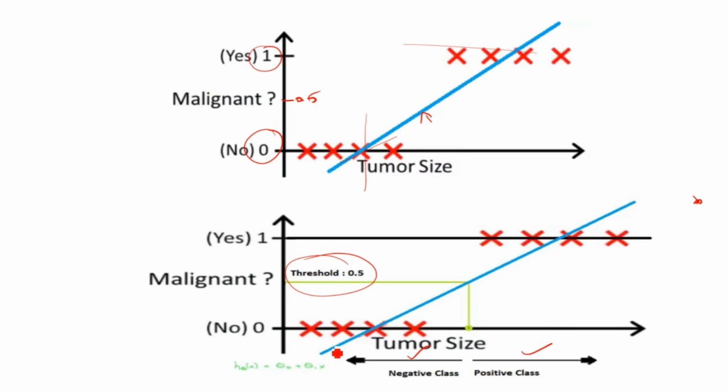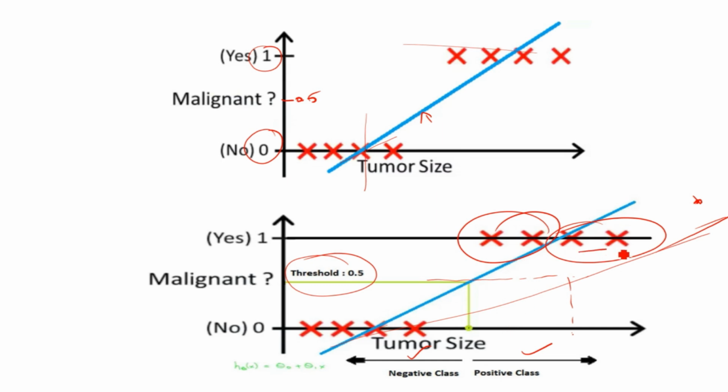Kindly observe, I'm having this threshold line, and what about these two points? These exact two points create confusion whether I have to make them negative or positive. So this is a big confusion when you include an outlier.